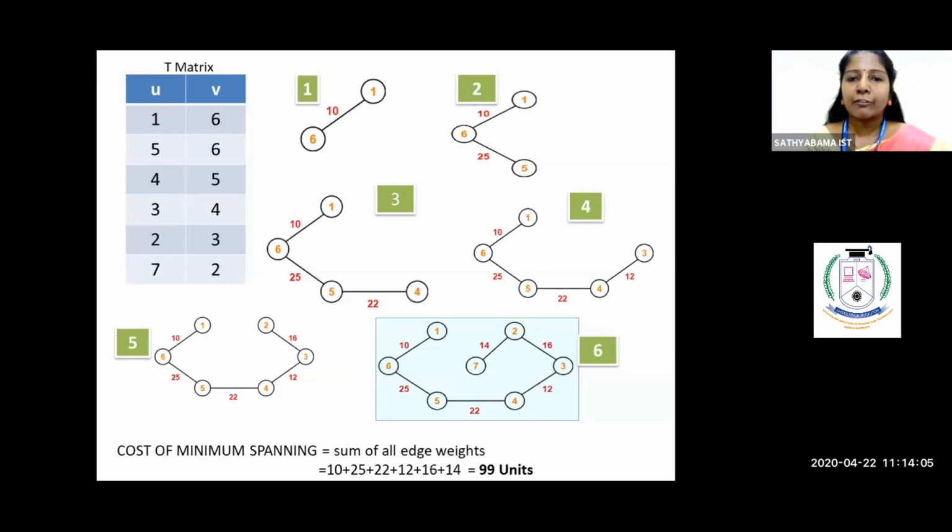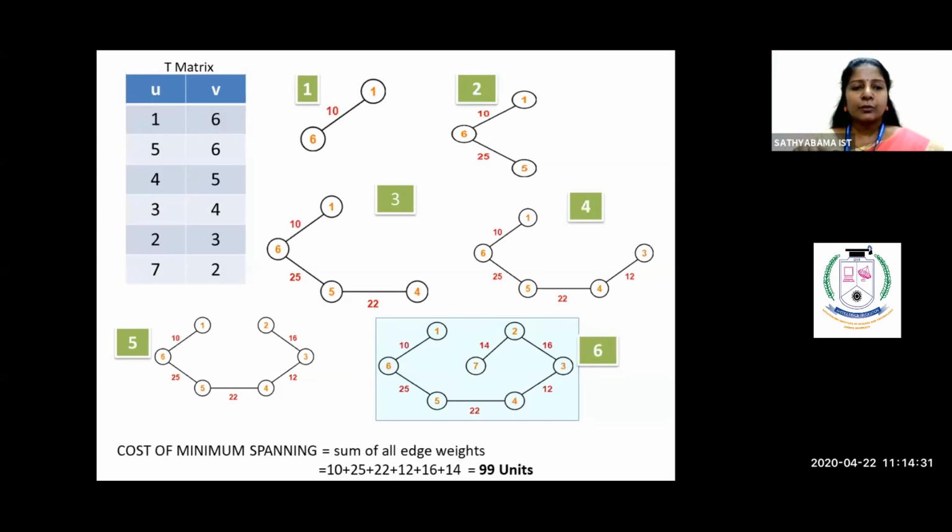So connect 5 with 6. The edge cost is 25. The third entry is 4, 5. So connect 4 with the fifth vertex. Edge cost is 22. The next entry is 3, 4. So connect 3 with vertex 4. The edge cost is 12.